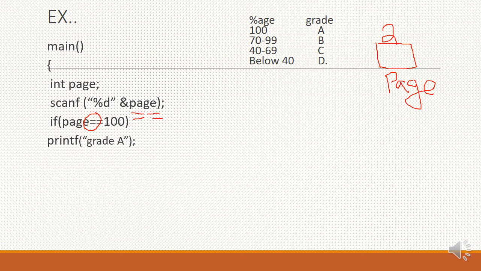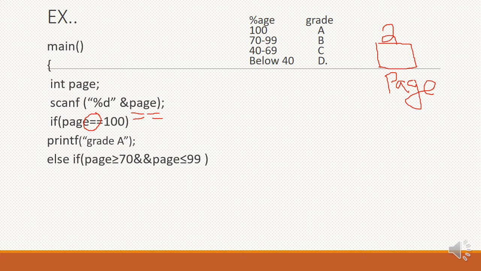But if the student has not scored 100, what should he do? Go and check the second condition. The condition is the student got greater than or equal to 70 and less than or equal to 99.